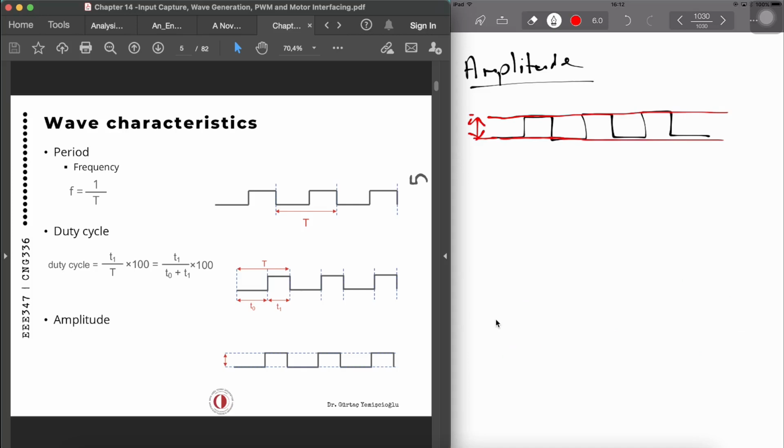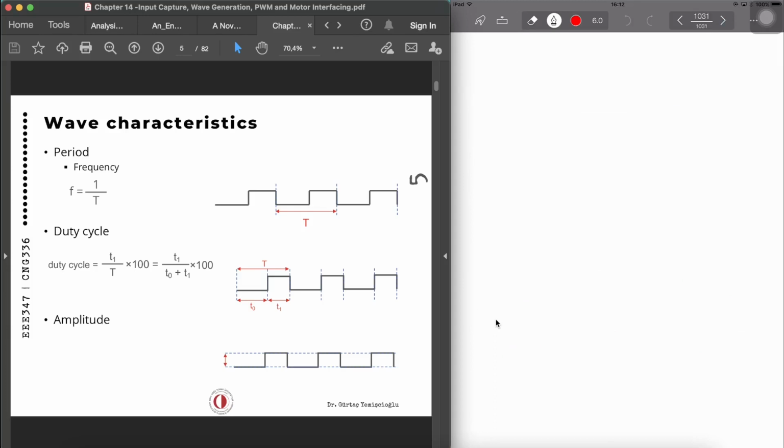Now, when we start talking about wave generation, in chapter 9, for each timer, we have seen that there is at least one OCRn register, if you do remember.